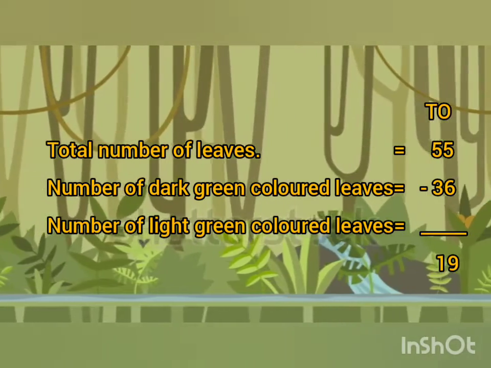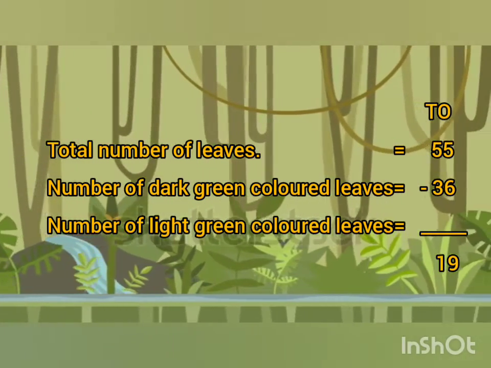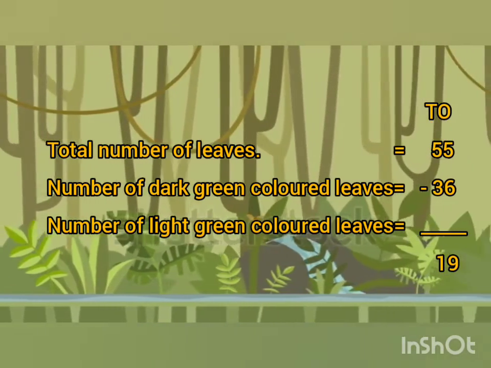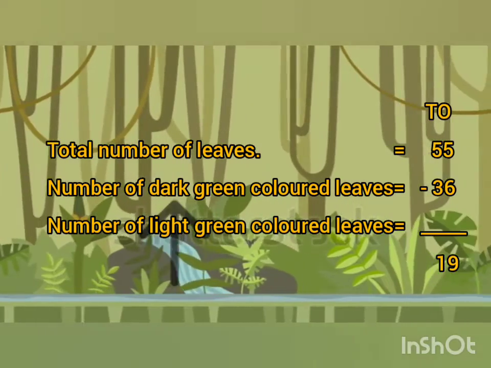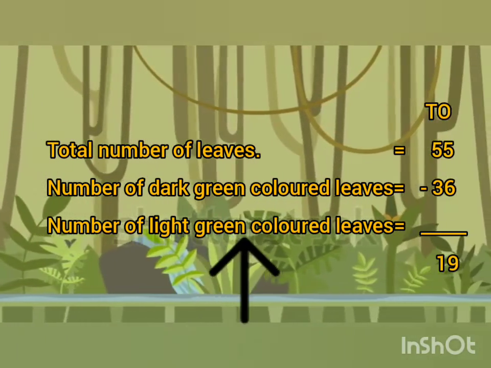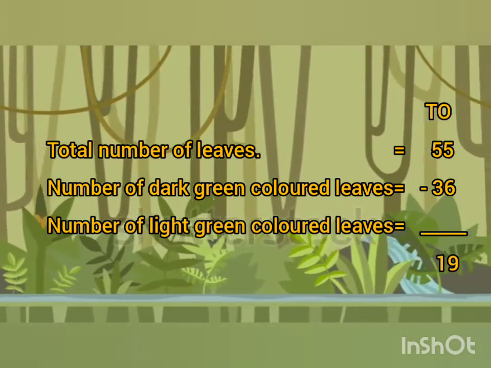And kids, once again, before moving to our next word problem, let us find out adjective words used here. Dark, light, green, colored are the adjective words that are used in this word problem.